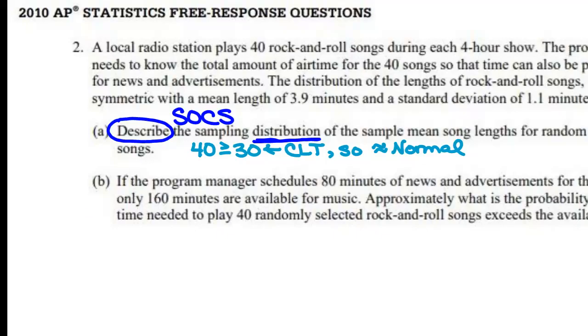Outliers? Not really. Assumed no outliers. I'm not going to write it down because I barely have any room to write up here, but assumed no outliers here. When we're looking at averages, it's a lot harder to have those outliers when we're looking at sample averages. All right, then we need center.